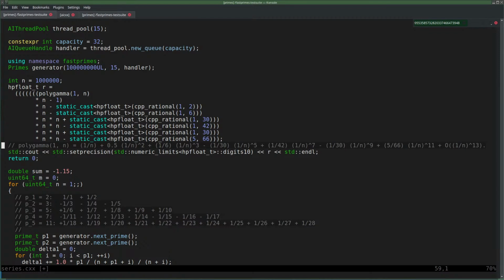It's a bit large. Yeah, well, I need to do the polygamma of 2 as well.